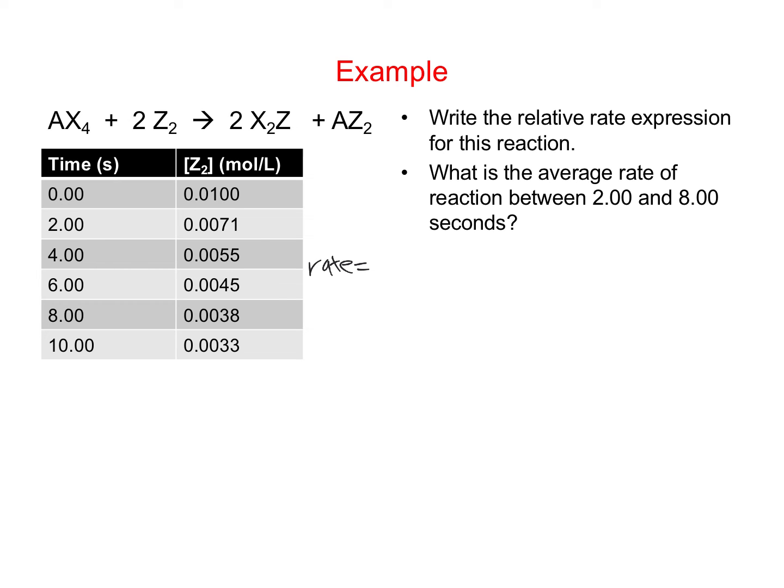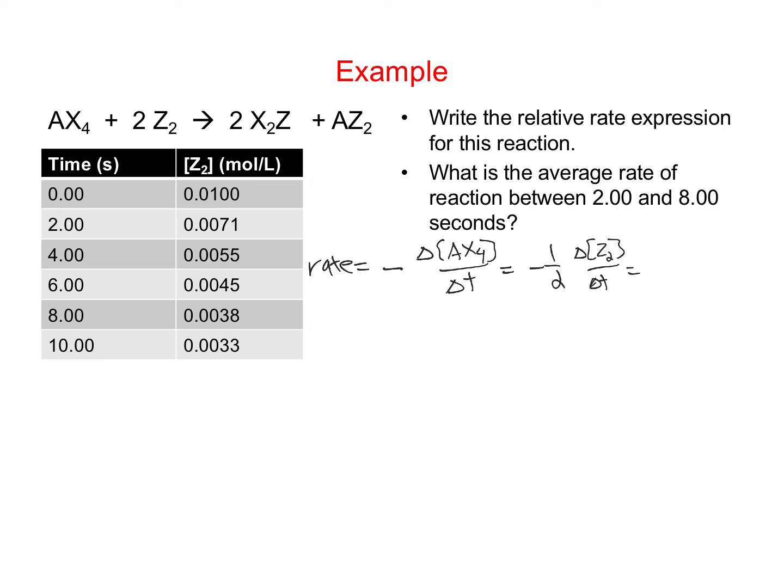would be minus delta AX4 delta T. For the next reactant, it would be minus 1/2 delta Z2 delta T. For the products, they're going to be positive.